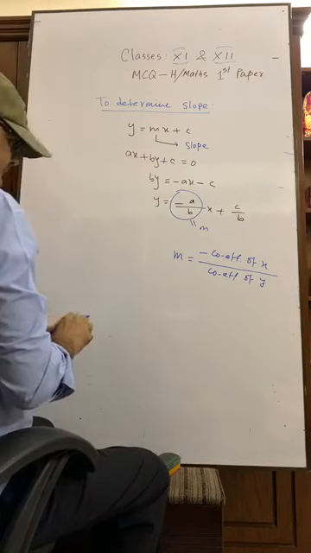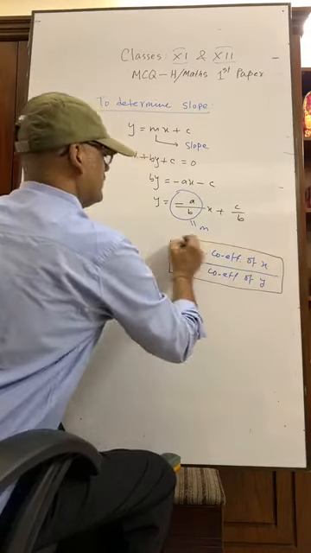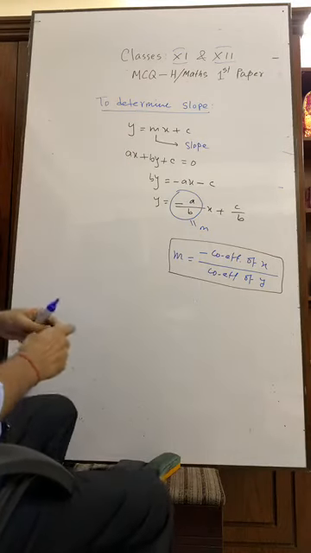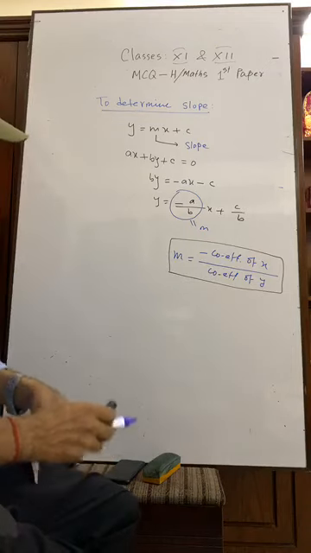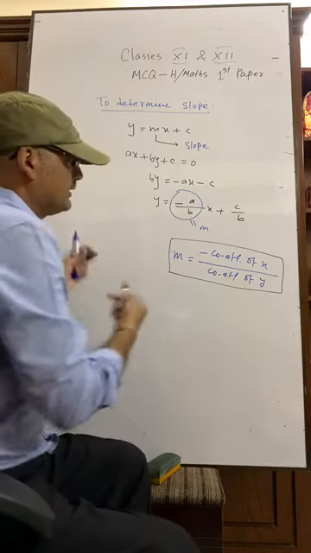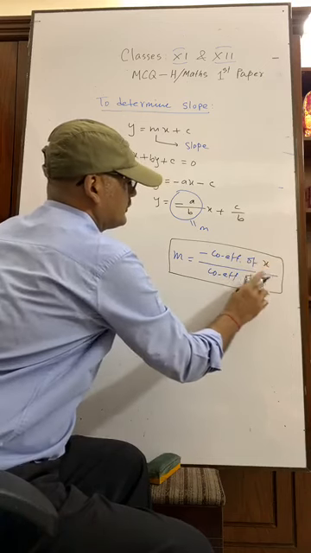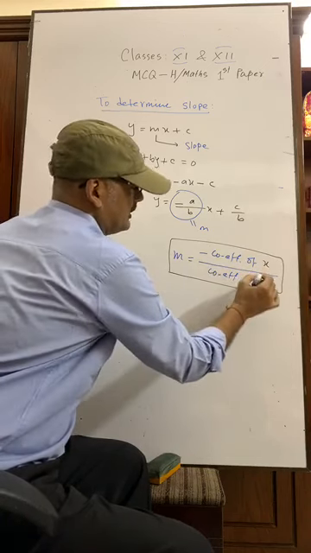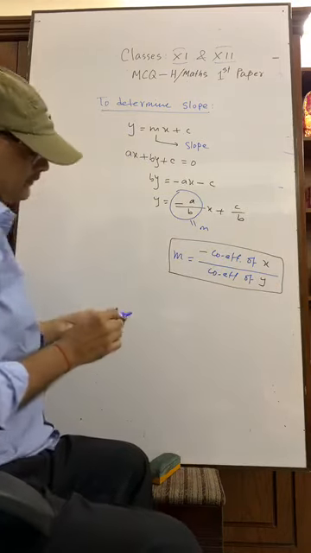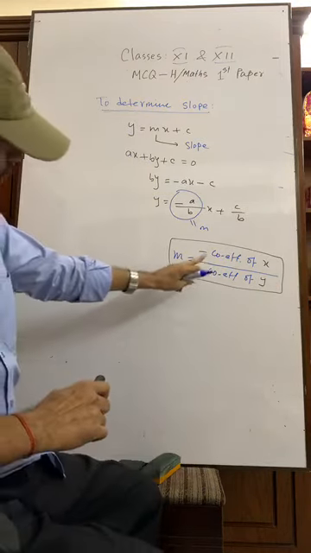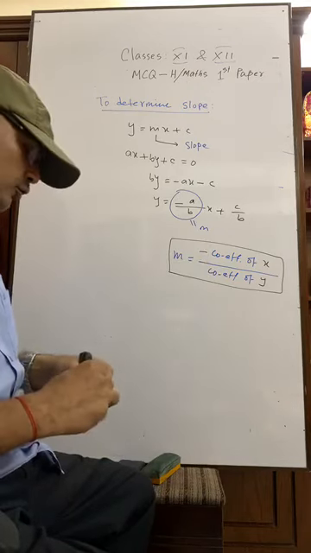Please write down this formula. M equals minus coefficient of x by coefficient of y. Please write it down, coefficient of x and coefficient of y. This is minus. Okay.